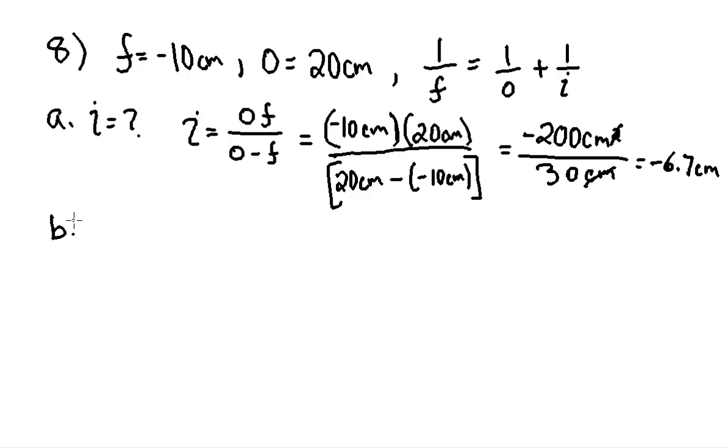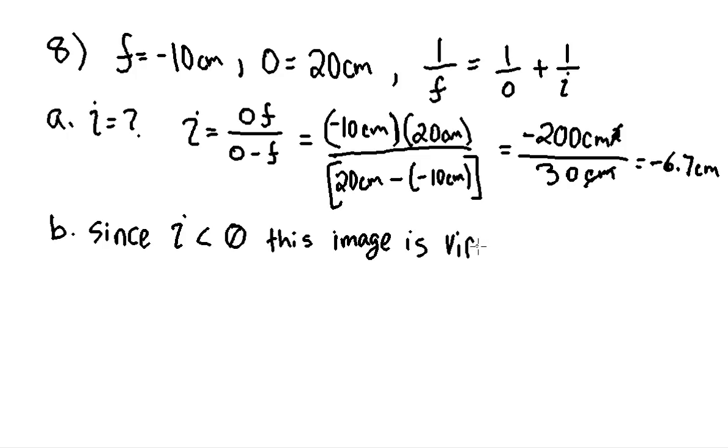But really all you need to do is look at your i here. It's a negative number. So for B, since i is less than 0, this image is virtual, meaning no light rays actually come together to form it, and it's erect, meaning it's standing in the same direction as the actual object.